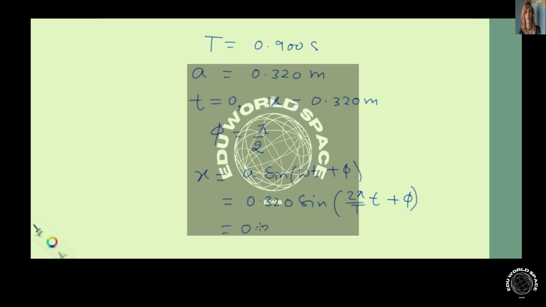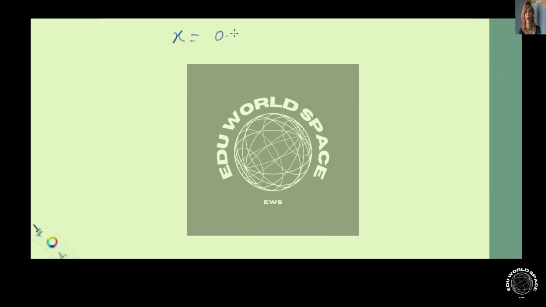Or we can say 0.320 sine 2 pi by 0.9 into t plus pi by 2, the initial phase, which is clear from the given condition. Hence, the equation of this oscillating particle comes out to be 0.320 meter cos 2 pi by 0.90 into t, or we can say 0.320 meter into cos 20 pi by 9 into t. This is the equation of the given oscillating particle.